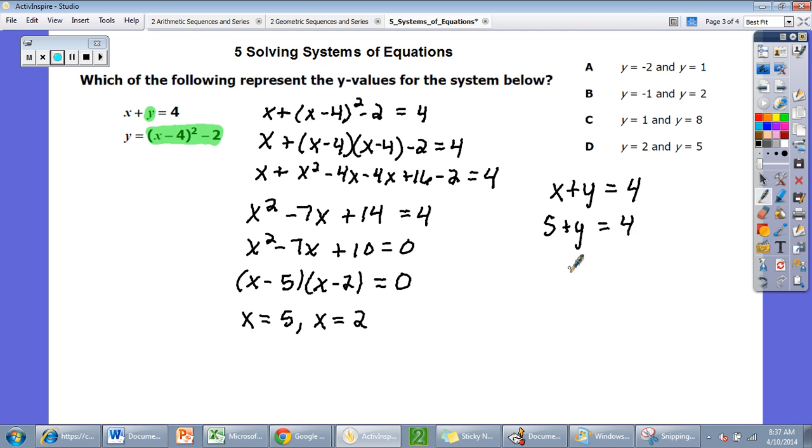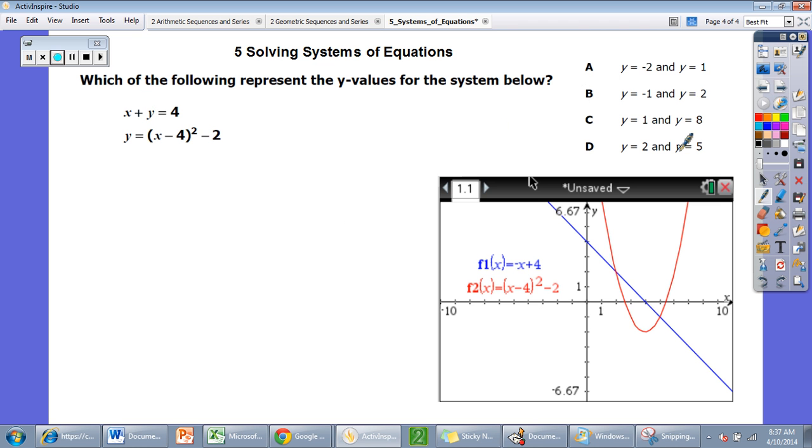Subtract 5 from both sides, I get y equals -1. So I automatically am saying, okay, B has to be the right answer. But just to make sure I haven't made any mistakes, because I know how important every question on the SOL is, I'm going to make sure that the 2 gives me 2. So x plus y equals 4, 2 plus y equals 4. I subtract 2 and I get y equals 2. So that does work.